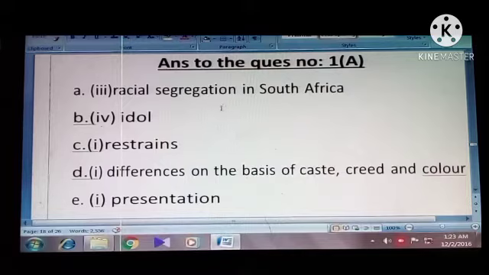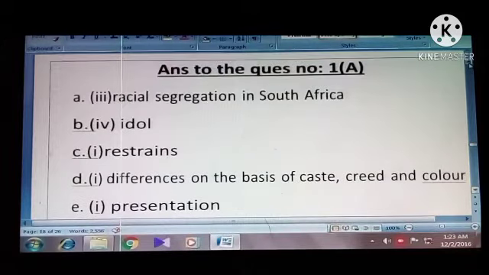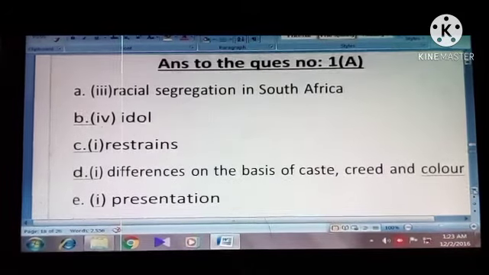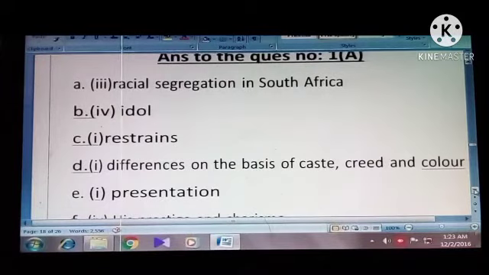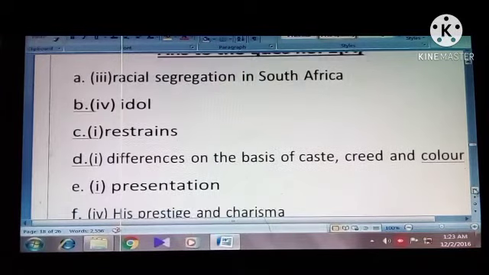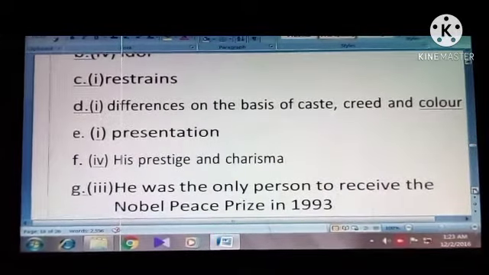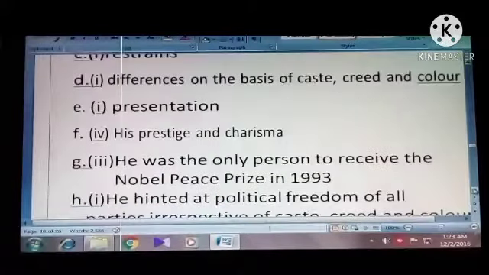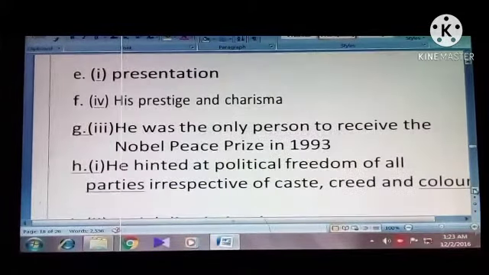If the correct answer is number 3, you will write down 3, racial segregation. If the correct answer is number 2, you will write down 2 and that word or sentence, and you will not write down the whole questions in your script, in your khata. So you will write down the answers in this way.